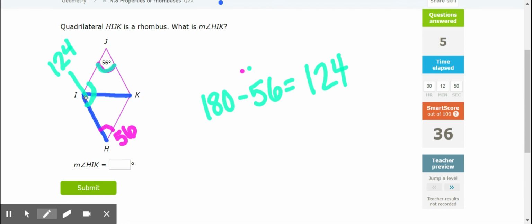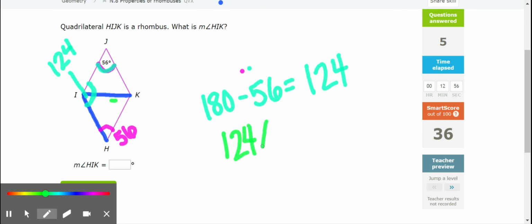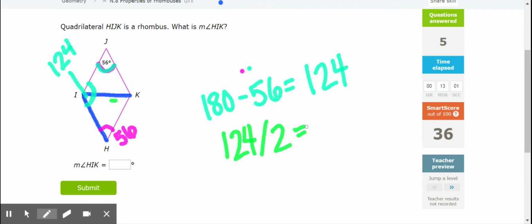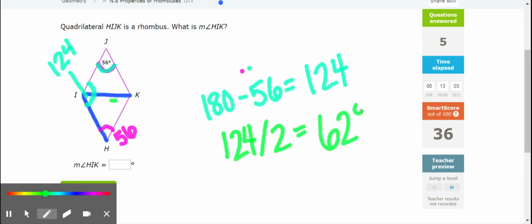So I just need to half it because I know that that bisects that. So 124 divided by 2 is 62 degrees. So that means that this little part I need is 62 degrees. So that's what I type in for the measure of HIK.